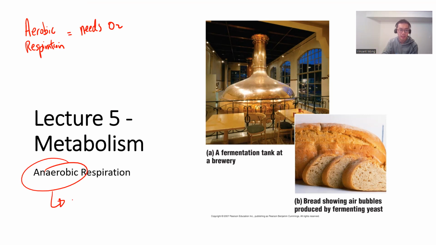Anaerobic, on the other hand, does not need O2. So it turns out anaerobic respiration is used by simpler organisms like yeast. And of course, we can use yeast in fermentation, right? To make alcohol or to make our bread rise.